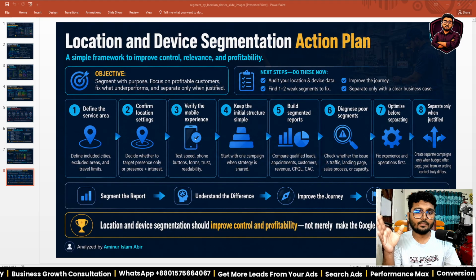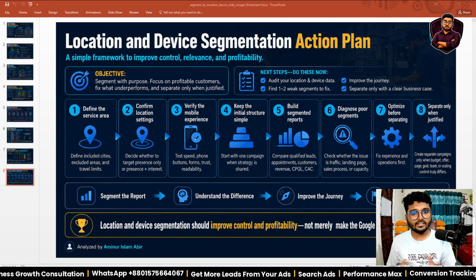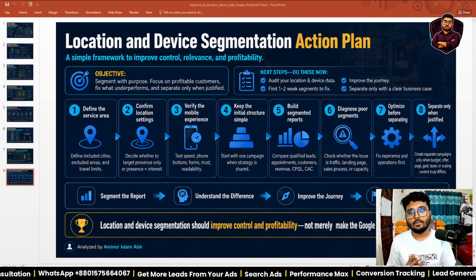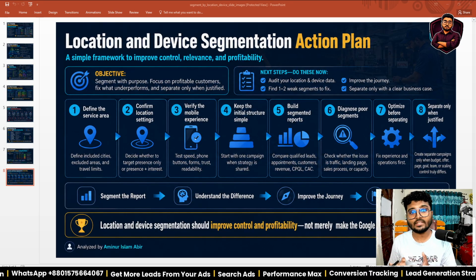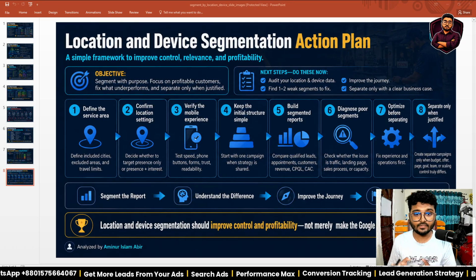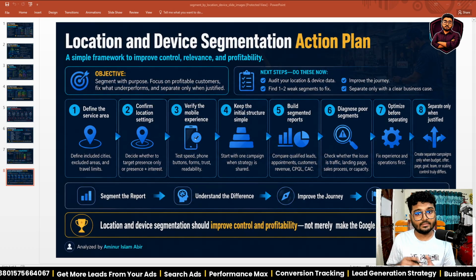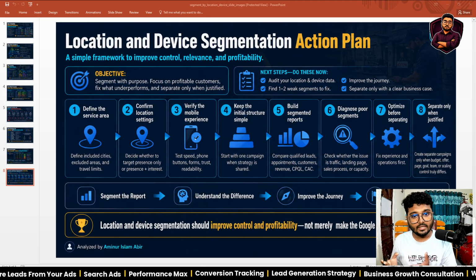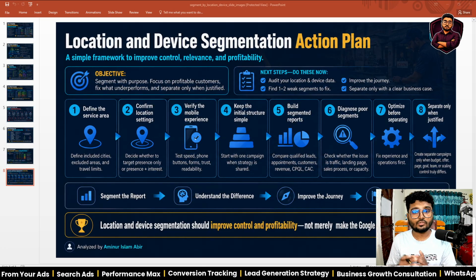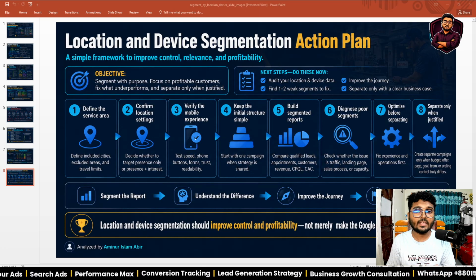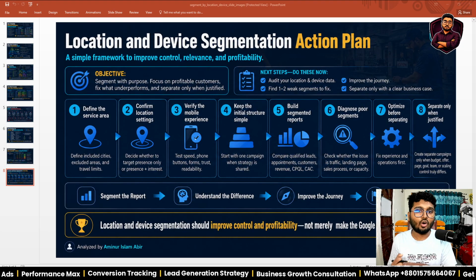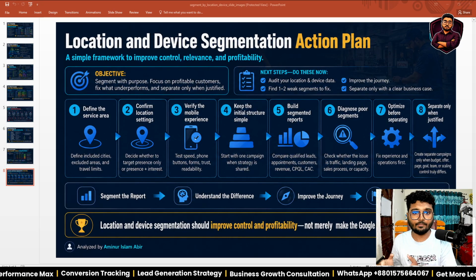Let's summarize the main lesson. Different locations and devices can produce very different results, but different performance does not automatically mean we need separate campaigns. First, segment the data, then connect it with results such as qualified leads, appointments, customers, revenue, and operational capacity. If the problem can be solved through better targeting, a faster mobile page, stronger call handling, or a clearer service area, optimize within the existing campaign.